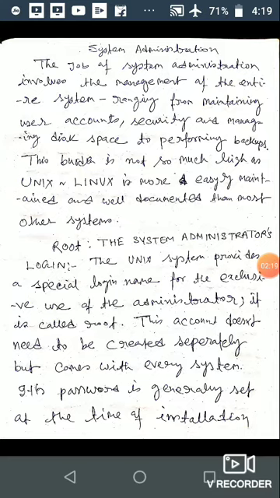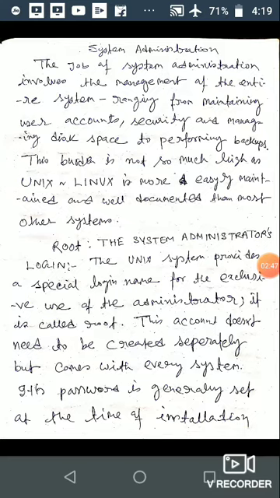That means, if you say in a word, the system administrator manages the way of resource handling in the system, and also the way of account handling in the system.